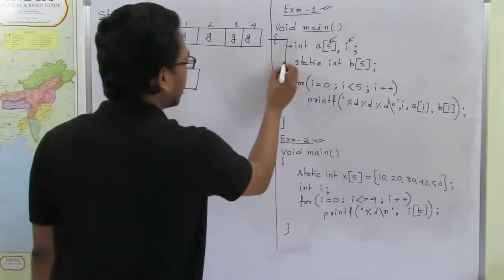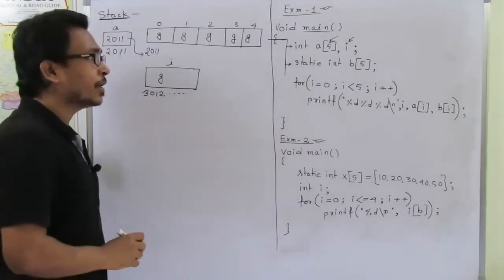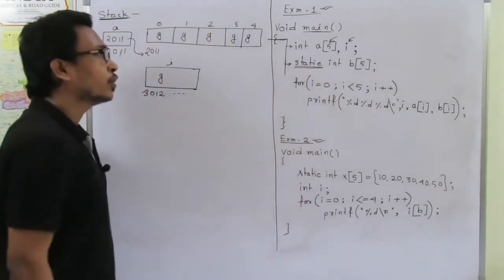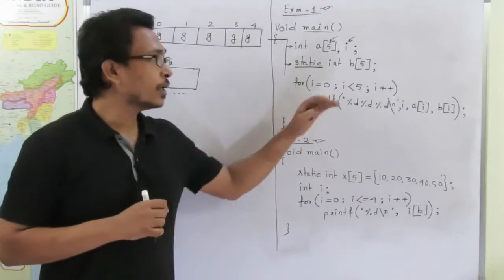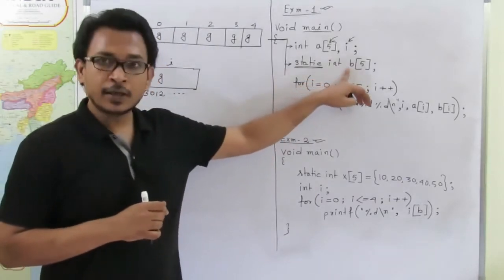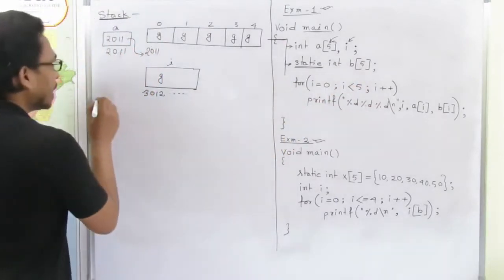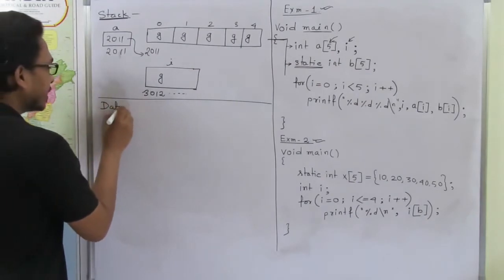Now coming to the next statement, which is again a variable declaration statement, but now the variable is declared as static. So from where will this memory be allocated? The memory for the array B will be allocated from the data section. That means in memory we have one more section, the data section.